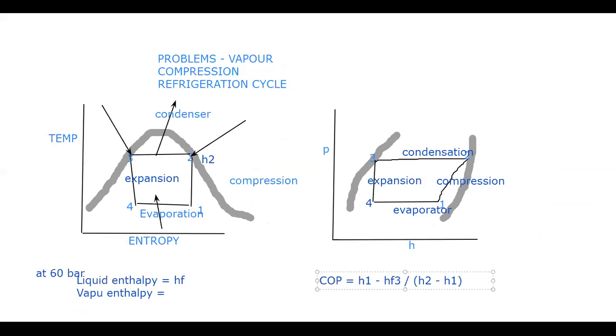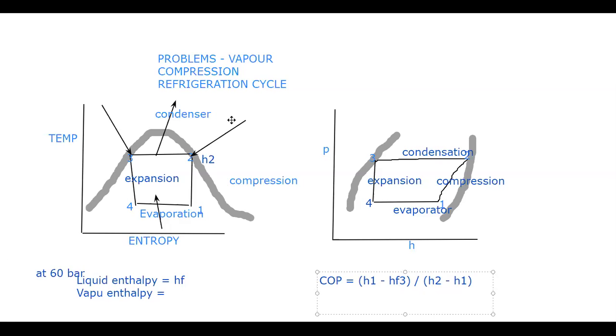So in this formula, you have everything except H1. HF3 you already have. Let me show what the data are.